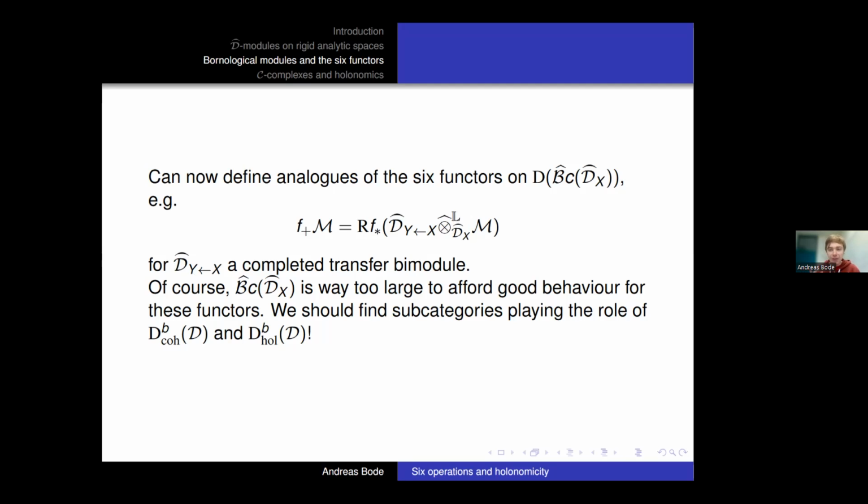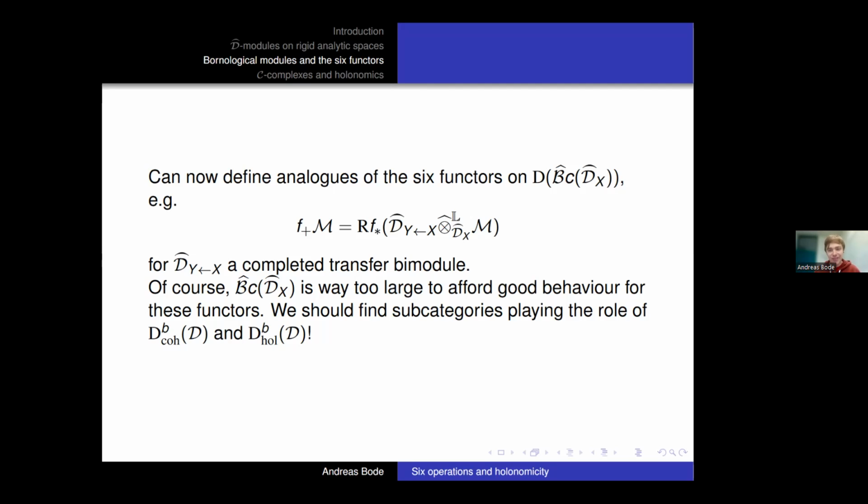So what we've done now essentially is, instead of looking at just co-admissible modules, we look at a really, really big category of all complete bornological D-cap modules. This is really, really large to allow the formation of these 6 functors.